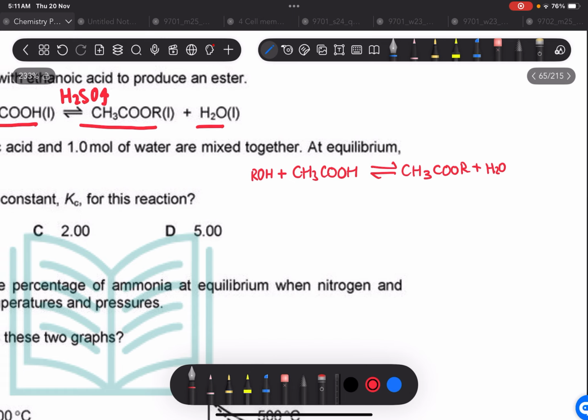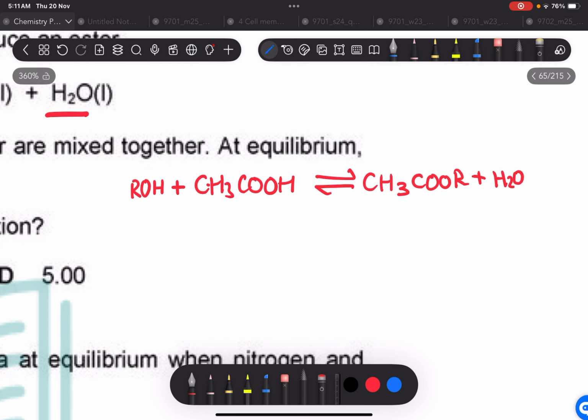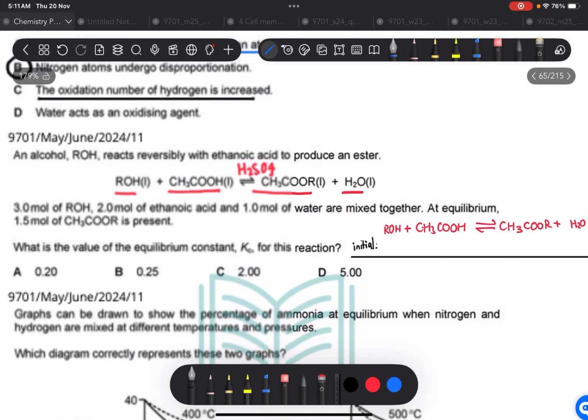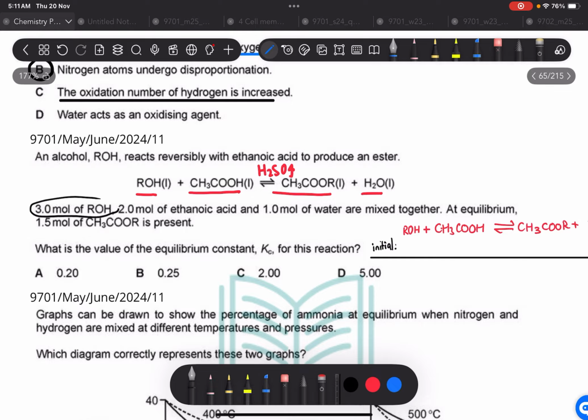Now we're going to first write the initial moles for all of them. This table is a very, very important thing. So you need to write the initial moles of all the things that are present. Okay, the initial moles of this ROH alcohol are 3 moles, 3.0.